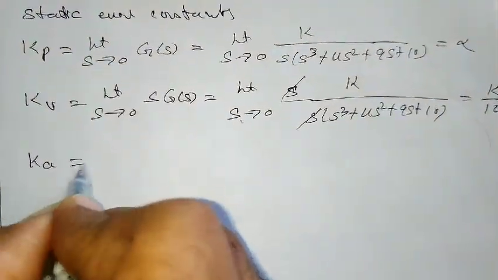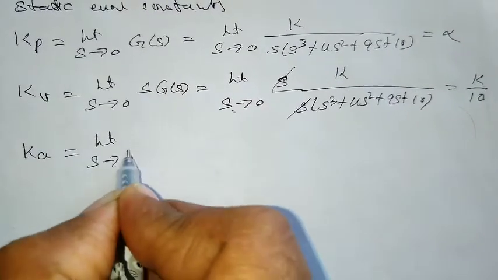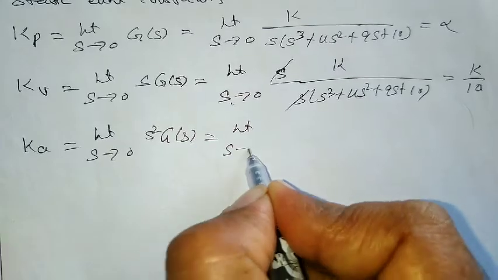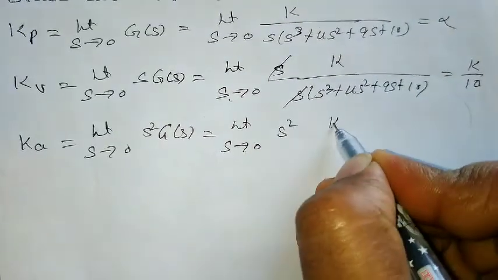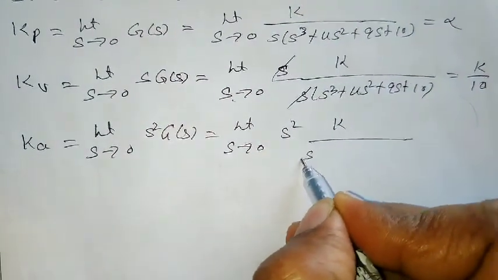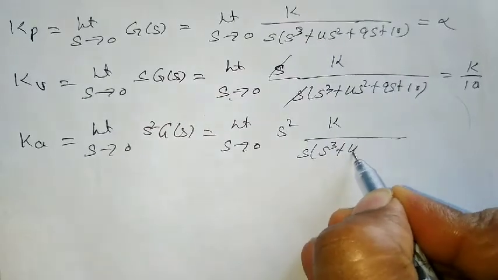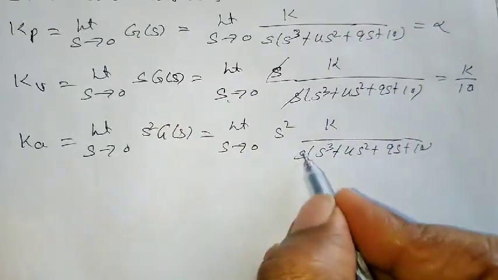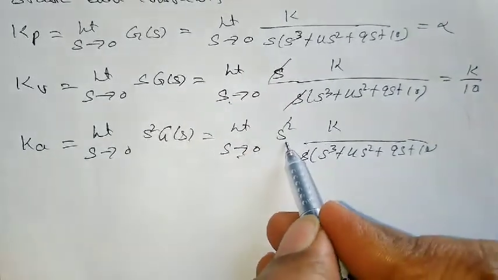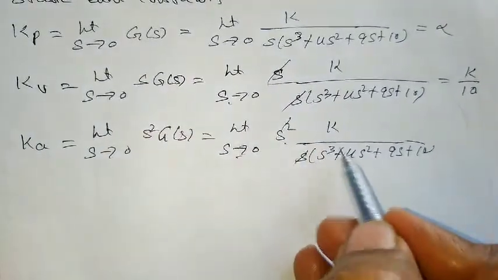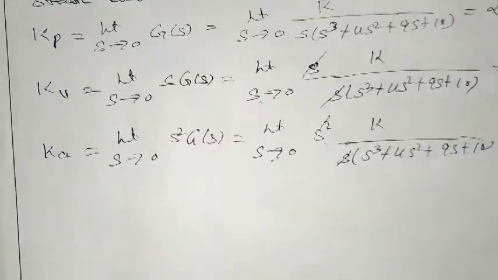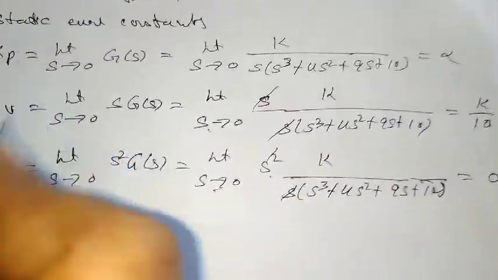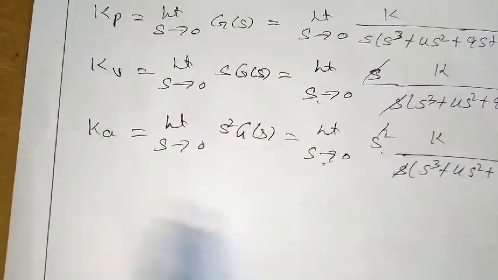And Ka, limit S equals to 0, S square G of S. So this is limit S equals to 0, S square K by S into S cube plus 4S square plus 9S plus 10. So this S gets cancelled. If I substitute S equal to 0, so 0 into something, it will be 0 value. So our static error constants I have calculated.